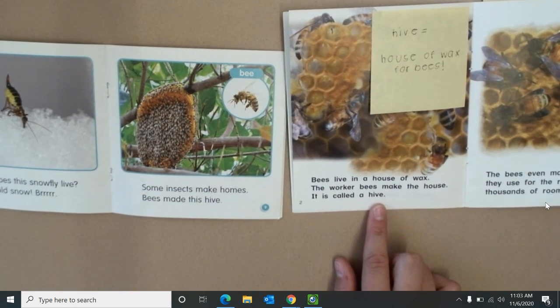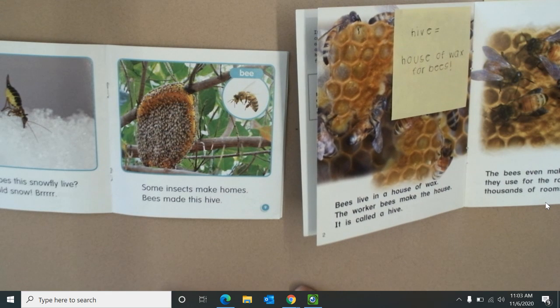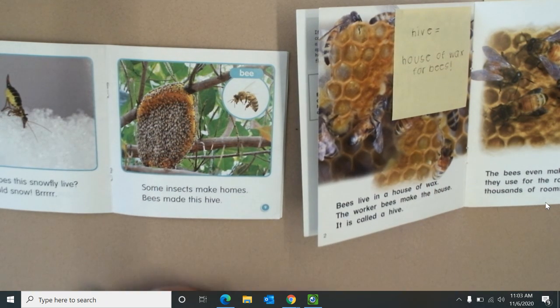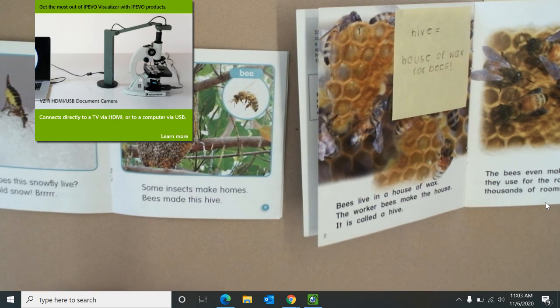So notice, friends, as we are reading nonfiction books about the same topic, we are becoming experts on that topic. And it's so important to notice what is similar about the two books. We're learning about hives in both books, but also what is different.